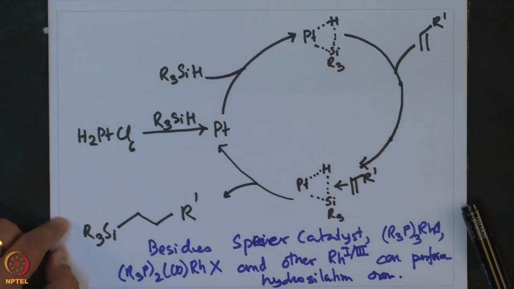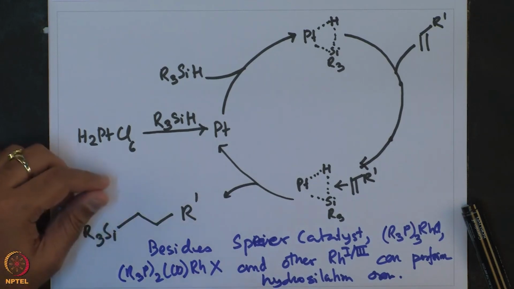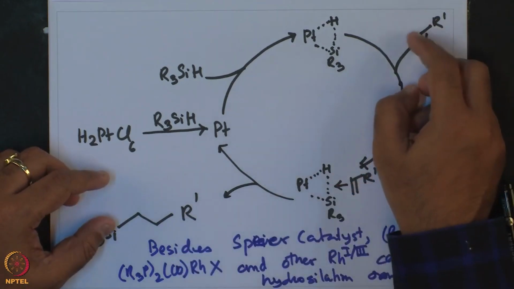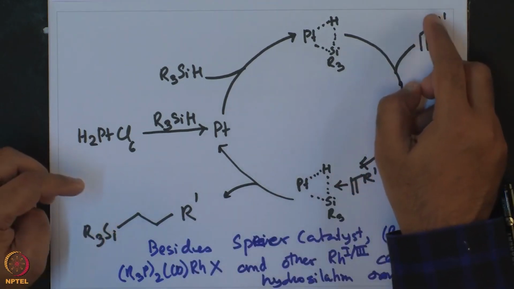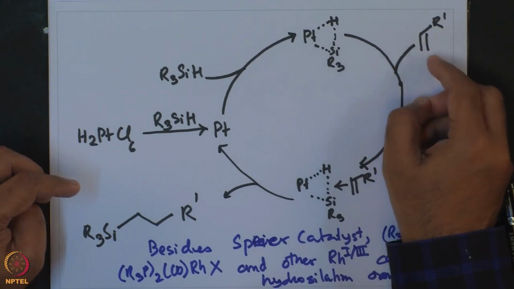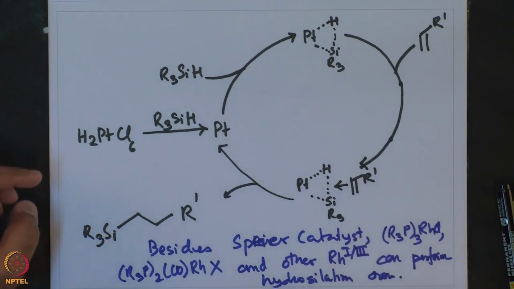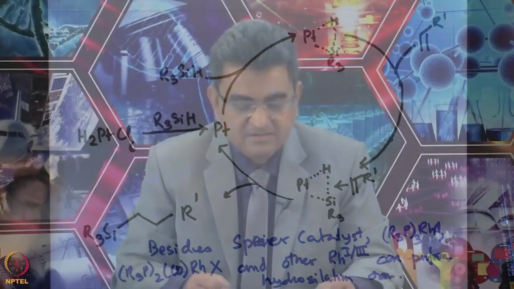If one looks at the regiochemistry, it shows that this is anti-Markovnikov type addition, where the hydrogen ends up on the most substituted carbon, and the silicon ends up on the least substituted carbon. So, this platinum catalyzed hydrosilylation reaction thus undergoes addition in an anti-Markovnikov fashion, as one may see.